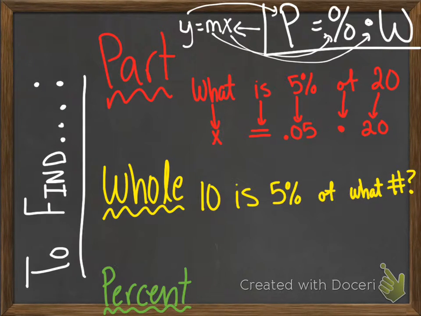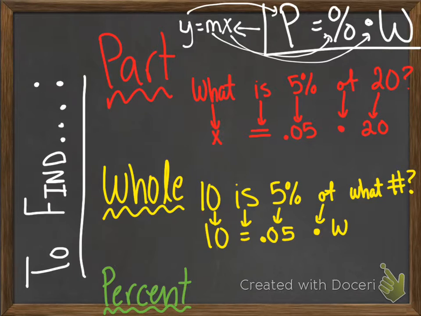We're going to do the same thing now for whole. So 10 is 5% of what number? I could do 10, is means equals, 5% is 0.05, of means multiplication, and what number, I'm going to use a variable, so let's use w here. We can replace x with w, it's the same thing.